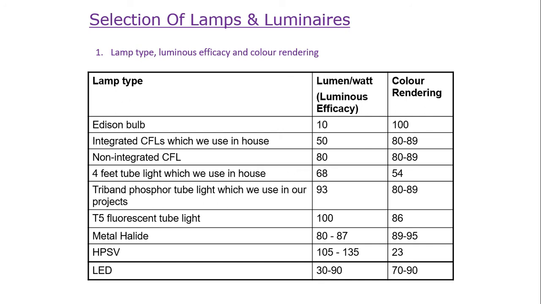Metal halides had a luminous efficacy of 80 to 87 with CRI reaching 89 to 95. HPSV lamps had a luminous efficacy of 105 to 135 and the color rendering index was very low, which was 23.